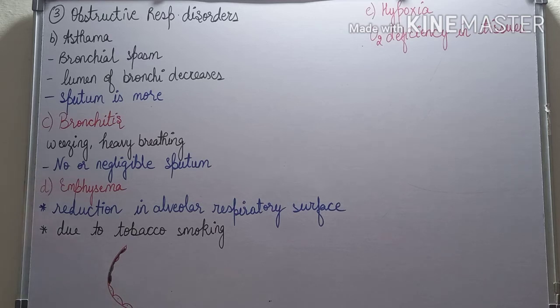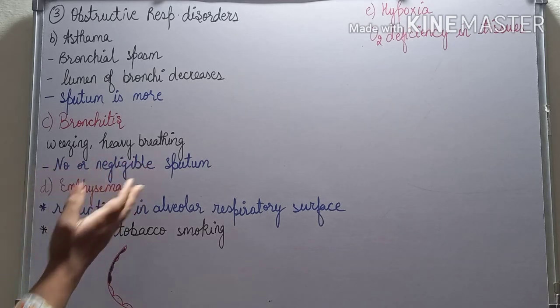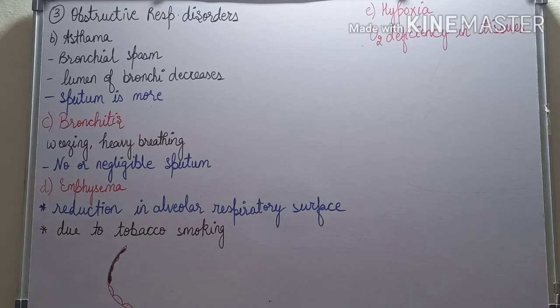The third type of obstructive respiratory disorder is bronchitis. In this also there is wheezing, as well as there is heavy breathing. Again, heavy breathing just as like asthma, but there is no or negligible sputum. The next fourth type of obstructive respiratory disorder is emphysema. In this, there is reduction in alveolar respiratory surface.